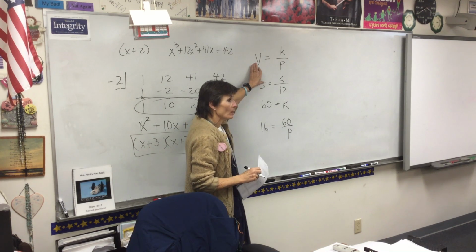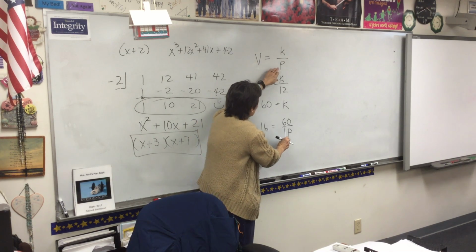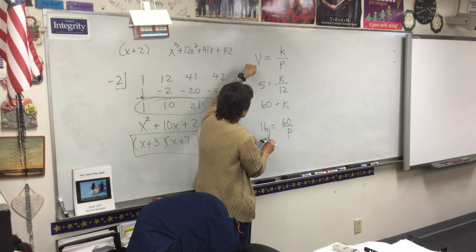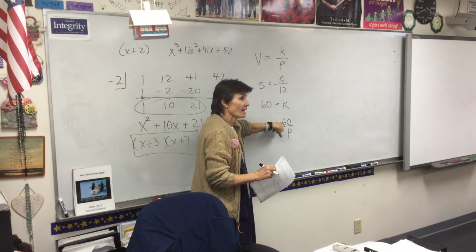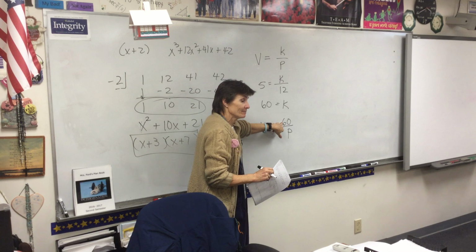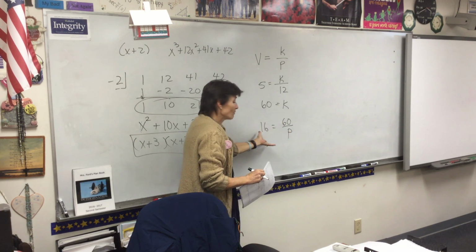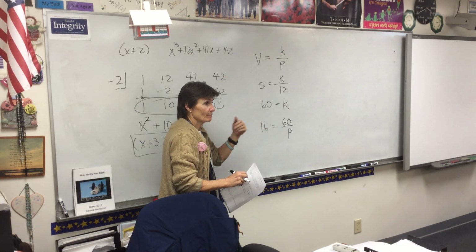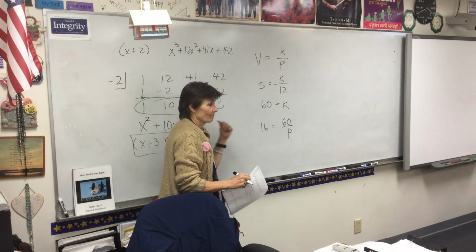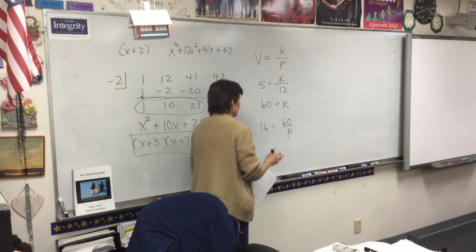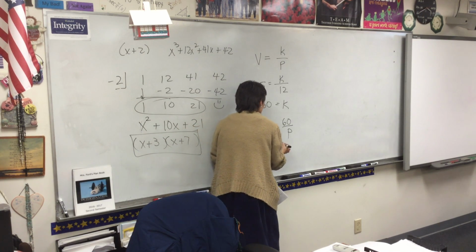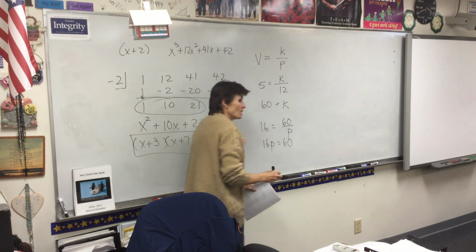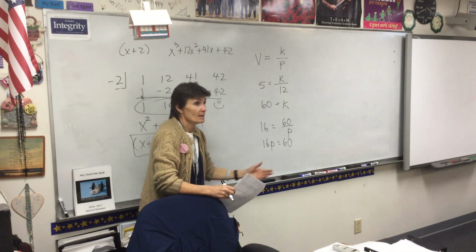So I go back to my equation. It says find the pressure when the volume's 16, but now I know that K is 60. So I can solve that. How do I solve it? Move the P over. Guys, you always talk about how much you hate fractions. Get rid of them.